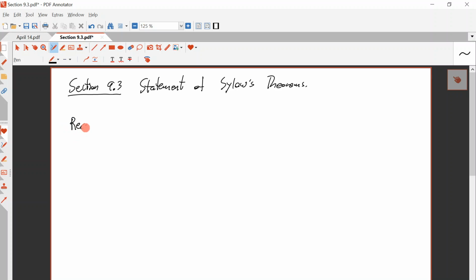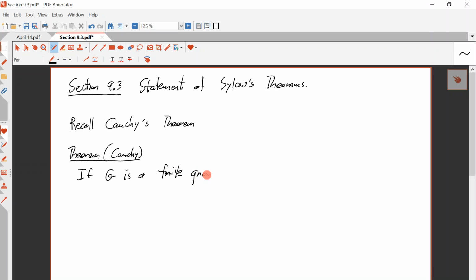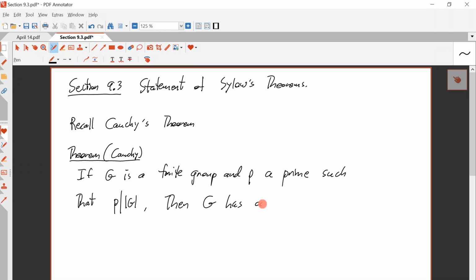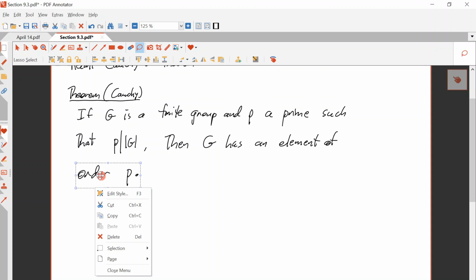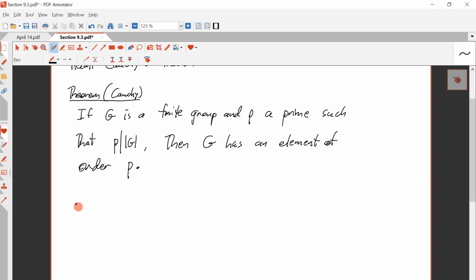So recall Cauchy's theorem. If G is a finite group and P a prime such that P divides the order of G, then G has an element of order P. So that was Cauchy's theorem, and just a remark on Cauchy's theorem is the following.